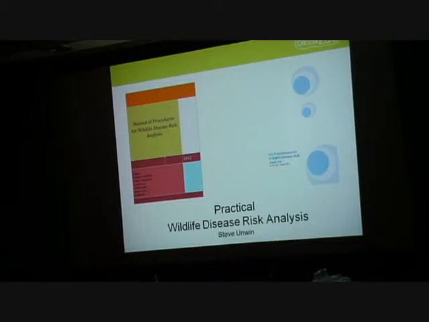That is basically, if you are working with wildlife, as a veterinarian, as a wildlife manager, as a government, what are the questions or the processes you have to go through to be able to know what sort of disease risks are in your population of wildlife you're looking for.